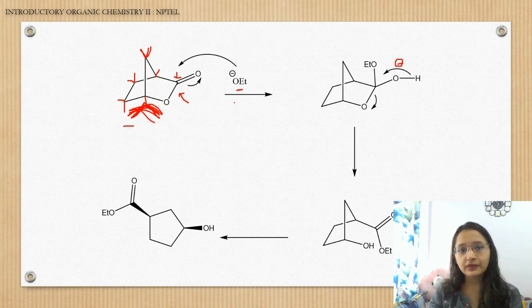But we have to remember that in the system we have ethanol. So ethanol, what will it do? It will give a proton to this oxygen ion, and now an OH bond is getting formed, right? So I'm just clearly writing this as an OH.